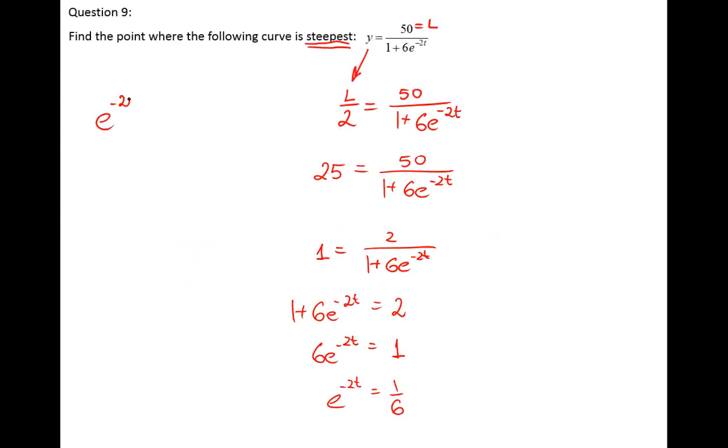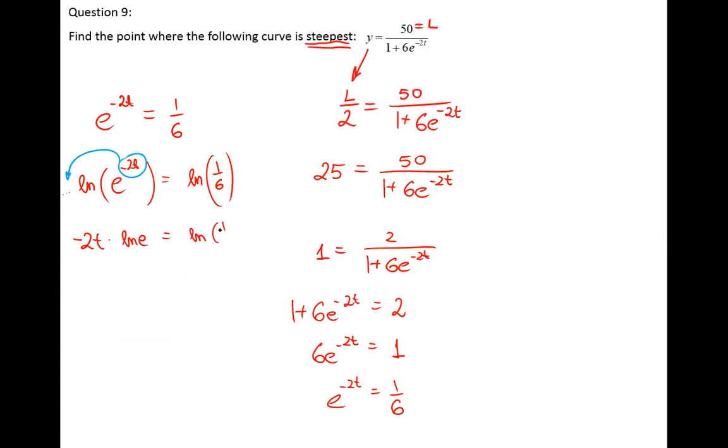Let's take ln of both sides. And we know that having the natural log, the exponent will travel in front. We will have negative 2t times ln of e equals ln of 1 over 6. Ln of e, of course, is 1. So we have negative 2t equals ln of 1/6.